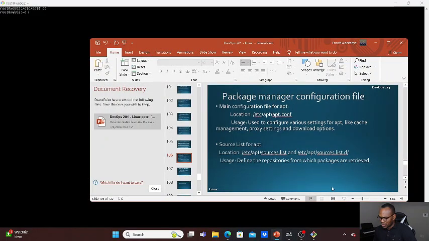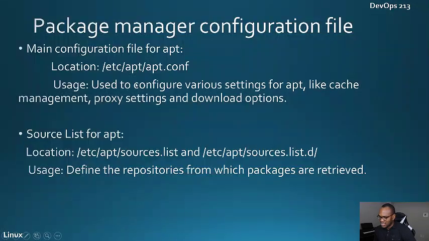Let's move on. This is the configuration file for apt. Don't forget, it's used to configure various settings for apt, like cache management, proxy settings, and download options. The sources list itself is sources.list and sources.list.d. You can check it out. It defines the repositories from which packages are retrieved.